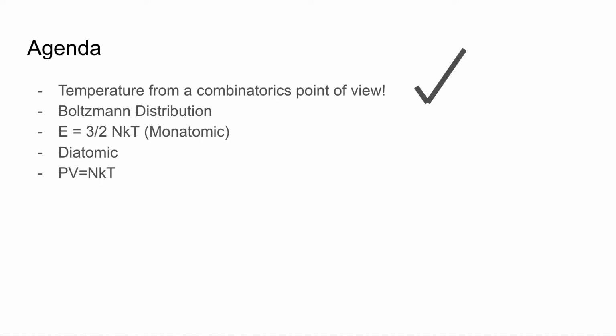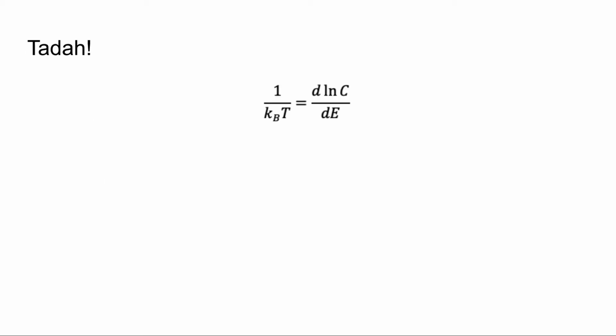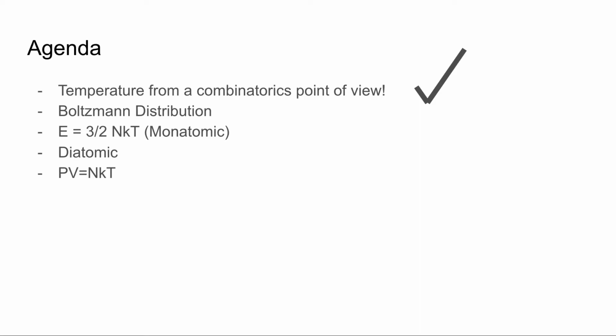And then after that we considered what happens when two systems come together. We considered the combined microstates, and by maximizing them, we statistically determined the condition for the number of microstates to be maximized, and that condition is precisely saying that the temperatures of the two bodies are equal, where temperature is defined here. So this is temperature from a very ground up point of view.